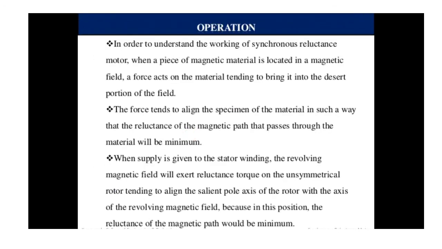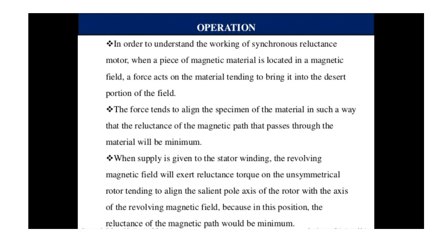Operation. To understand the working of the synchronous reluctance motor, note that when a piece of magnetic material is located in a magnetic field, a force acts on the material tending to bring it into the densest portion of the field. The force tends to align the specimen in such a way that the reluctance of the magnetic path that passes through the material will be minimum.